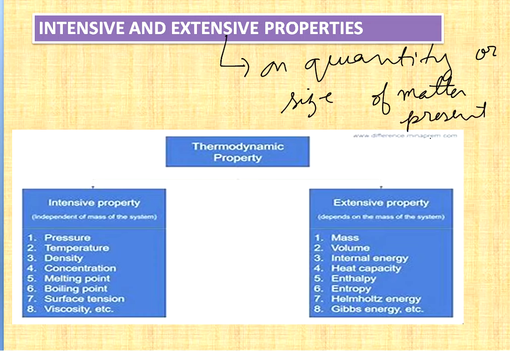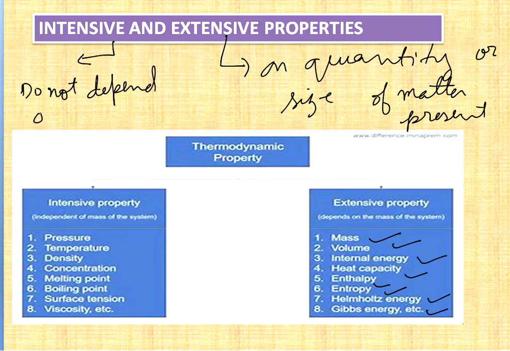Examples are mass, volume, internal energy, heat capacity, enthalpy, entropy, Helmholtz energy, Gibbs energy. Next is intensive property, which does not depend on the size or quantity of matter.